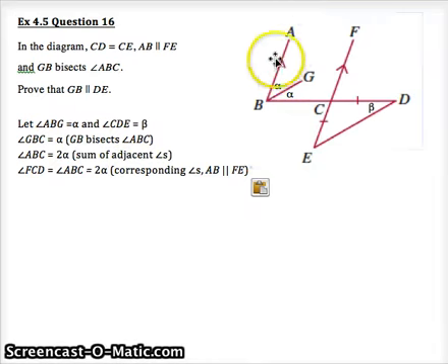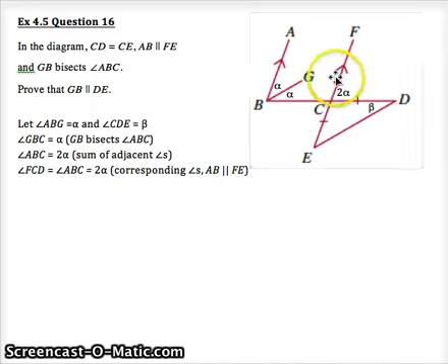Reason: corresponding angles, AB is parallel to FE. So I'm going to mark in 2 alpha on the diagram. Now the solution that I'm writing up here is a bit different to the solution in the back of the textbook. The textbook does the co-interior angle, and it says that this angle in here is 180 minus 2 alpha. Now I think we've done everything we can there.